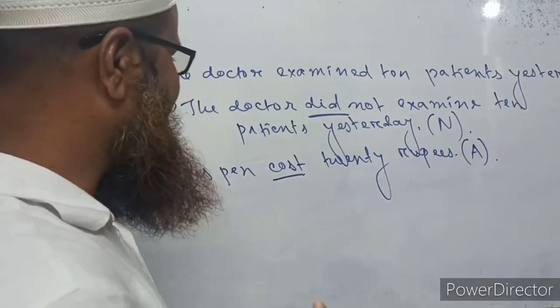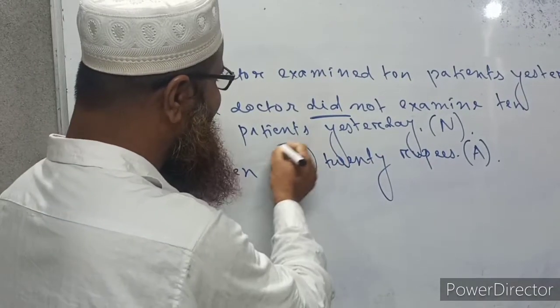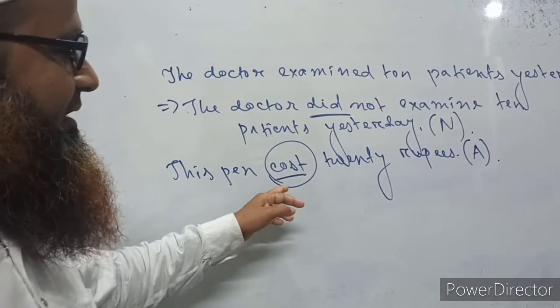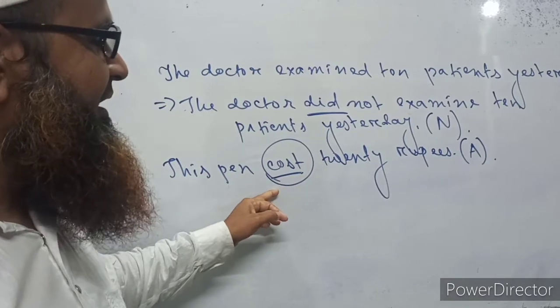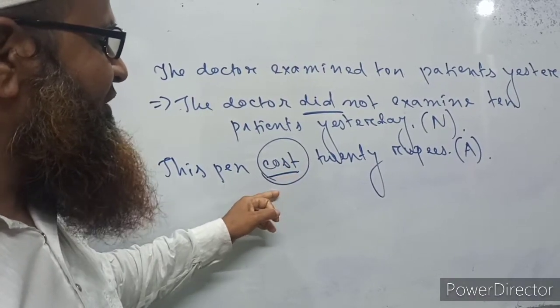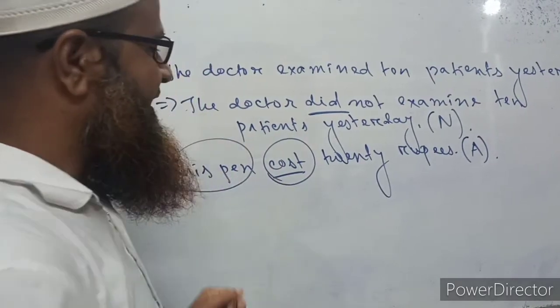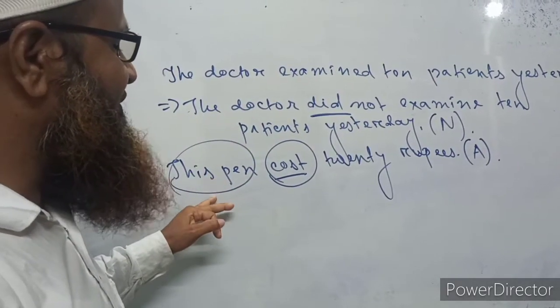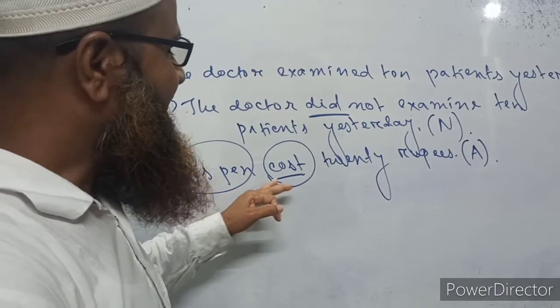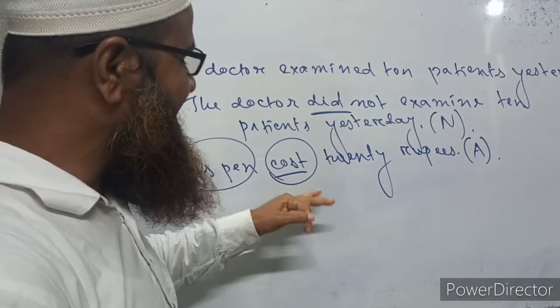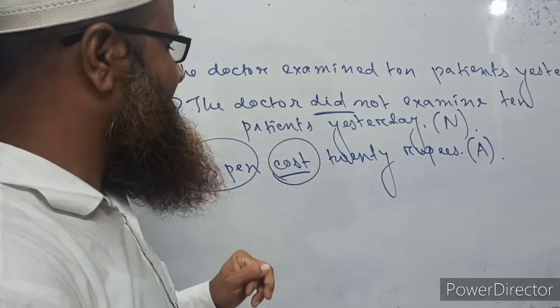We have to see that if the verb is in the present tense, then s or es must be present with the verb cost, because the subject here is the pen. It is the third person singular number. So if the sentence is in present tense, then s must come.